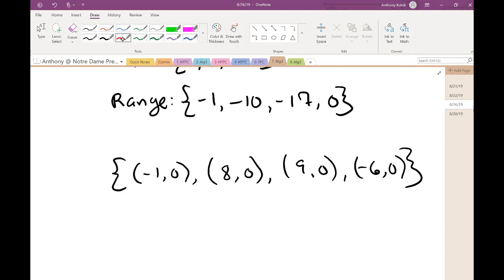Yes, good. And I can tell because all the x coordinates are different. There's no repeated x's, so no x is used more than once. So the domain, again, is our set of x's. How many x's do we see used? 4. So that makes it a finite set. So I can just list the individual elements.